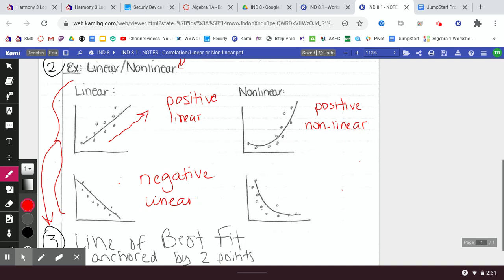So here you would draw a line that runs through all of your points somewhere that makes sense. And you can see that my line of best fit is a little different than the original line of best fit. All of your lines of best fit are going to be a hair different because there's a little bit of opinion in this, right?